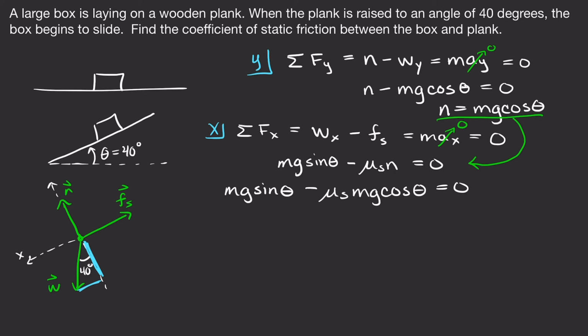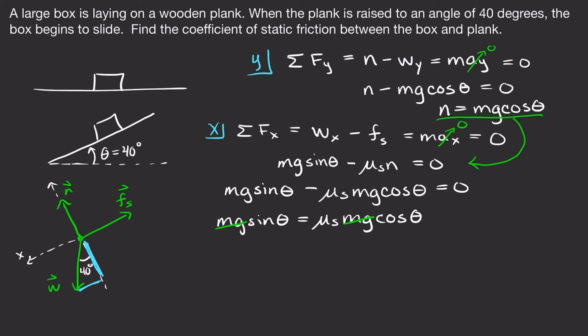And now we can move this to the other side and get mg sine theta equals a positive mu s mg cosine theta. And we have an mg on both sides, so we can divide those out.